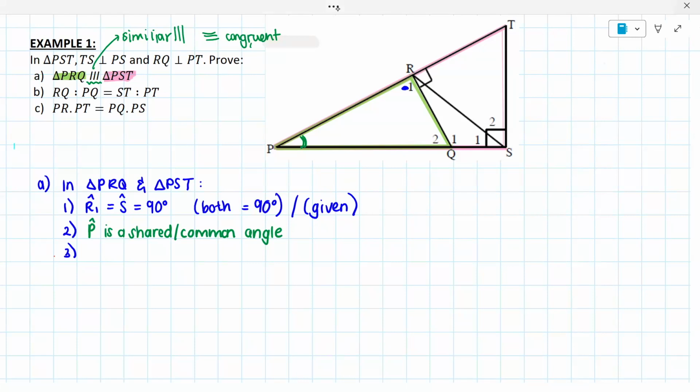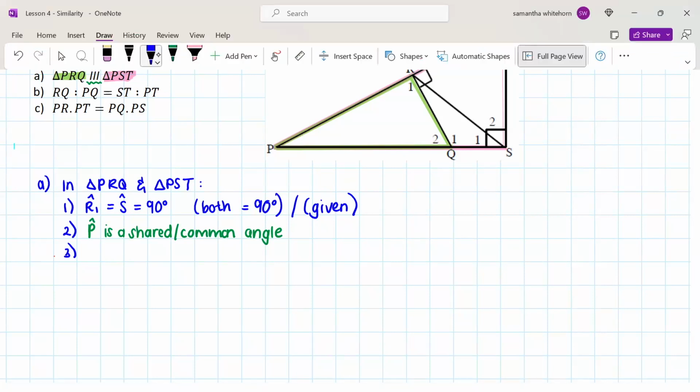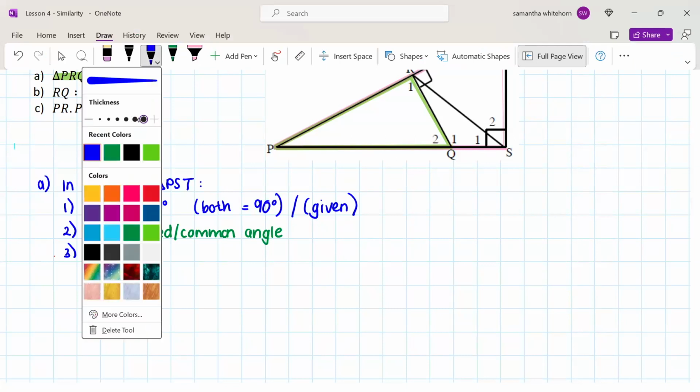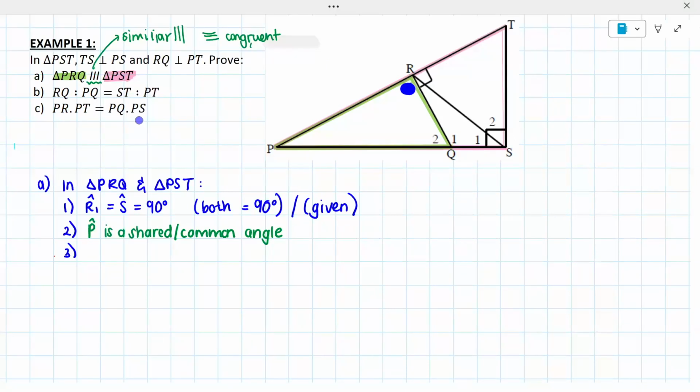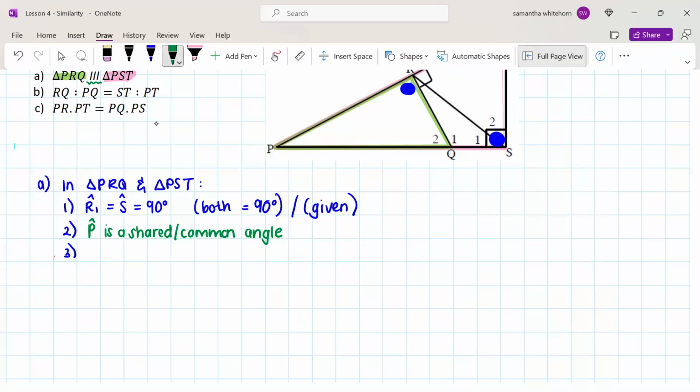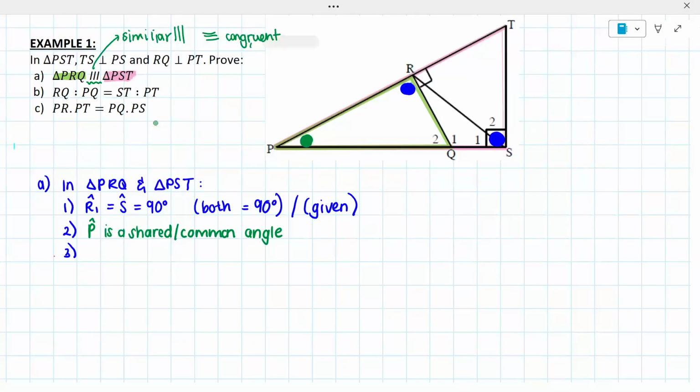Okay, now, if we just, for ourselves, understand what we've already said. We have now said that R1 is equal to S. We've said that angle P is common. And now what you need to remember, guys, is once you have got 2 of your 3 angles, the third angle is automatically equal.